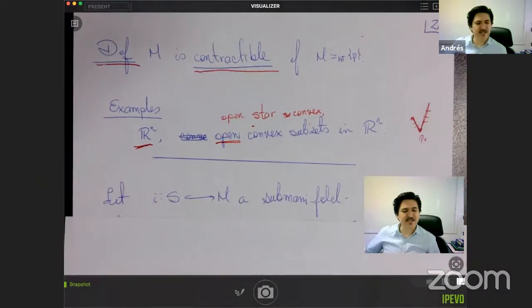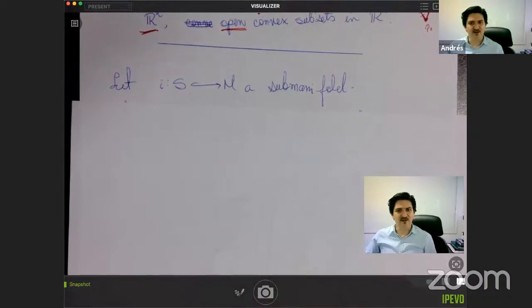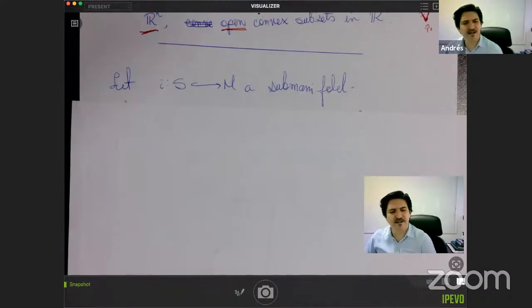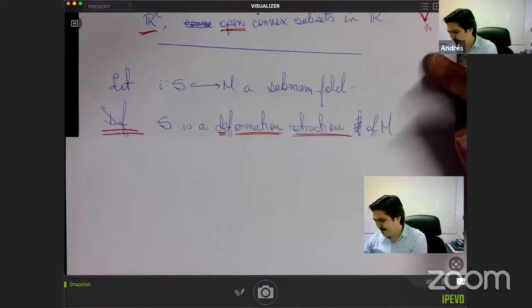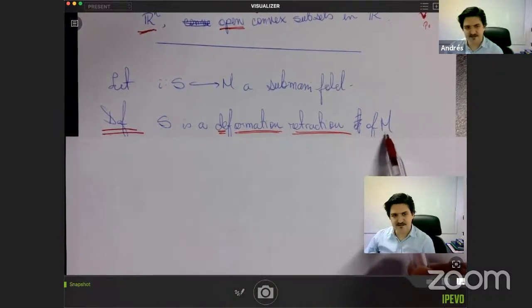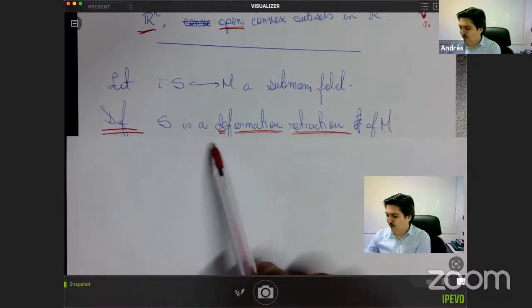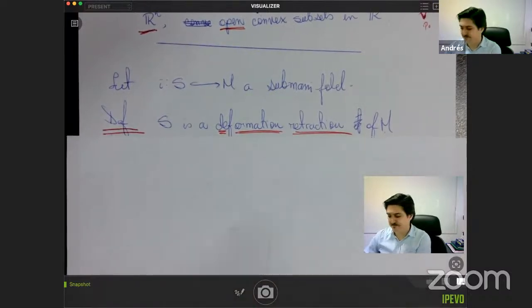Now, as I said before, the list of examples that we have shown that have the same homotopy type fit into this category here. So take a manifold N and consider as a manifold I. The whole idea is that the mixed set is going to shrink to the submanifold, and we will call that a deformation retraction.